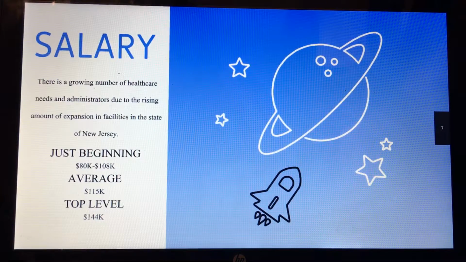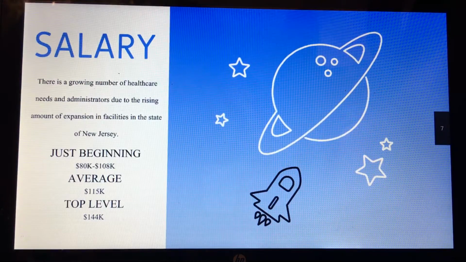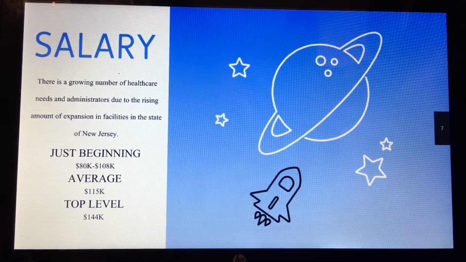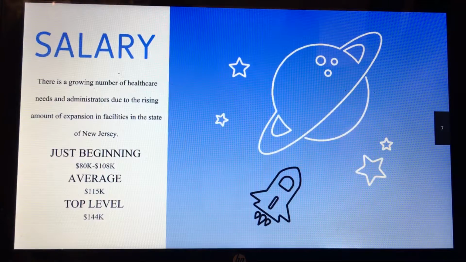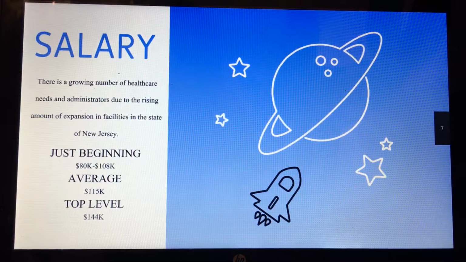Typically, if you're just beginning, you get around $80,000 to $108,000 a year. If you're an average healthcare administrator, you would get around $115,000, and if you're at the highest level, you typically get around $144,000 a year.